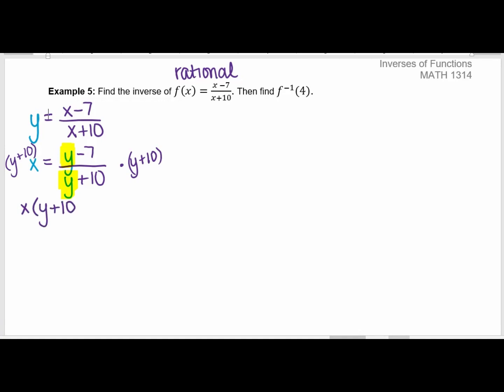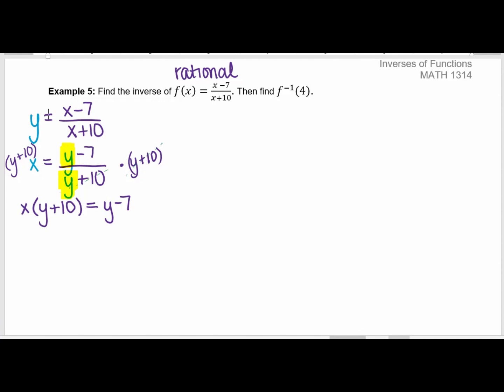So we're going to have x times y plus 10 is equal to y minus 7, because on the right-hand side, the y plus 10 and the y plus 10 take each other out.